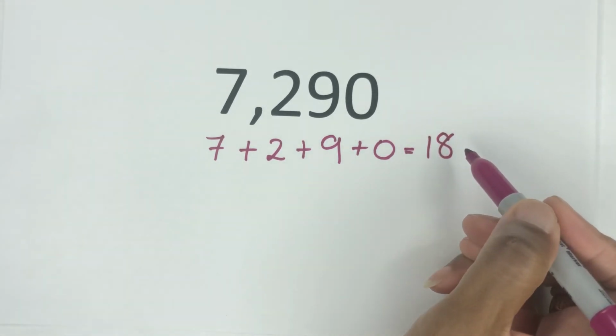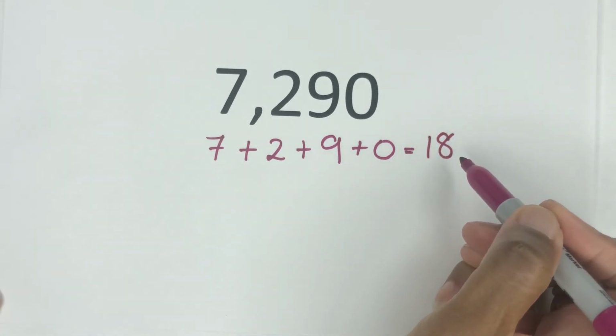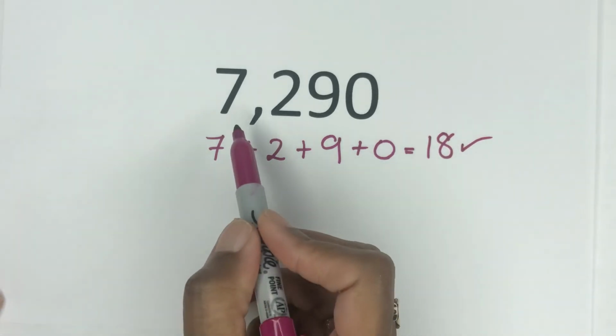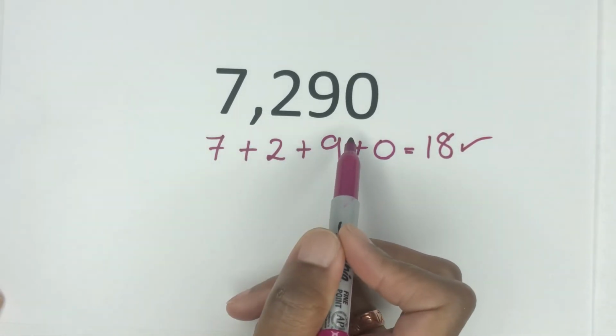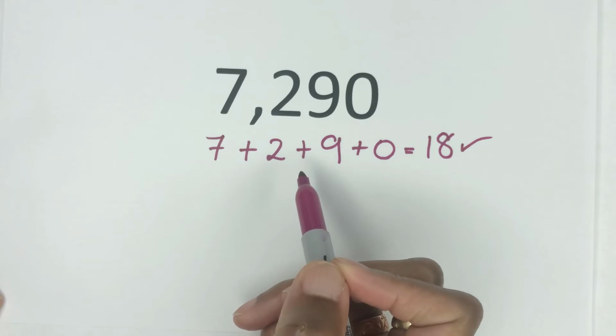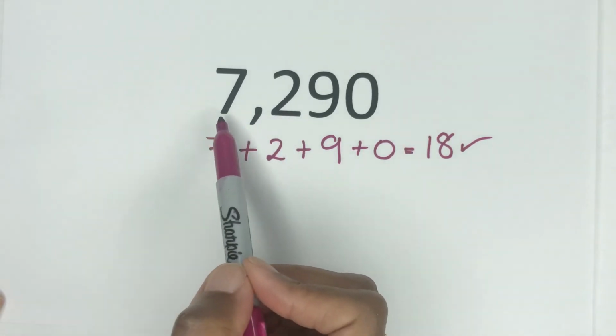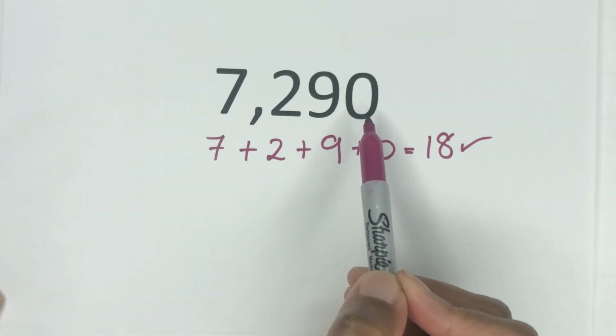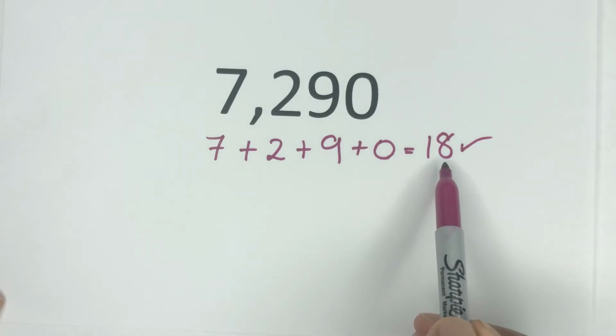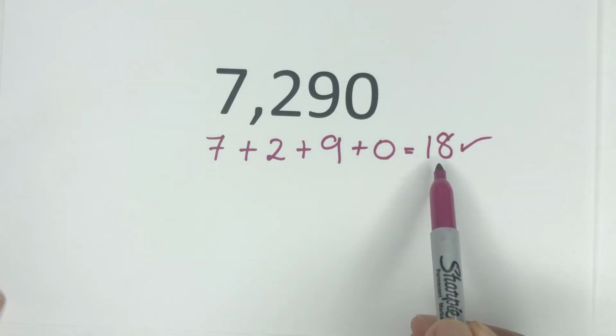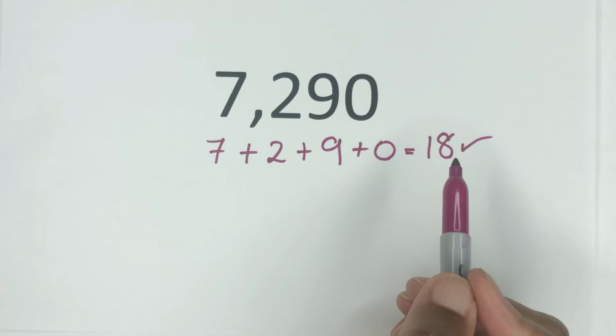Can 18 be divided by 9? Yes. So therefore, the number 7,290 is divisible by 9. Anytime you add a number's digits together and they equal a number that can be divided by 9, then it is divisible by 9.